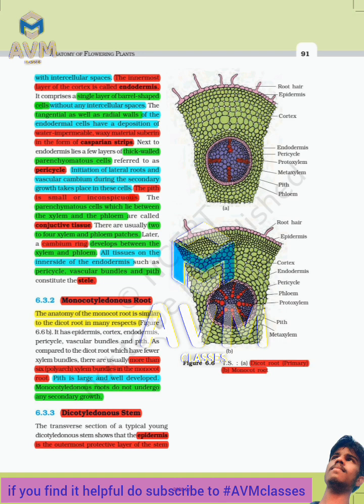The parenchymatous cells which lie between the xylem and the phloem are called conjunctive tissue. There are usually 2 to 4 xylem and phloem patches. Later a cambium ring develops between the xylem and phloem. All tissues on the inner side of the endodermis, such as pericycle, vascular bundles and pith, constitute the stele.